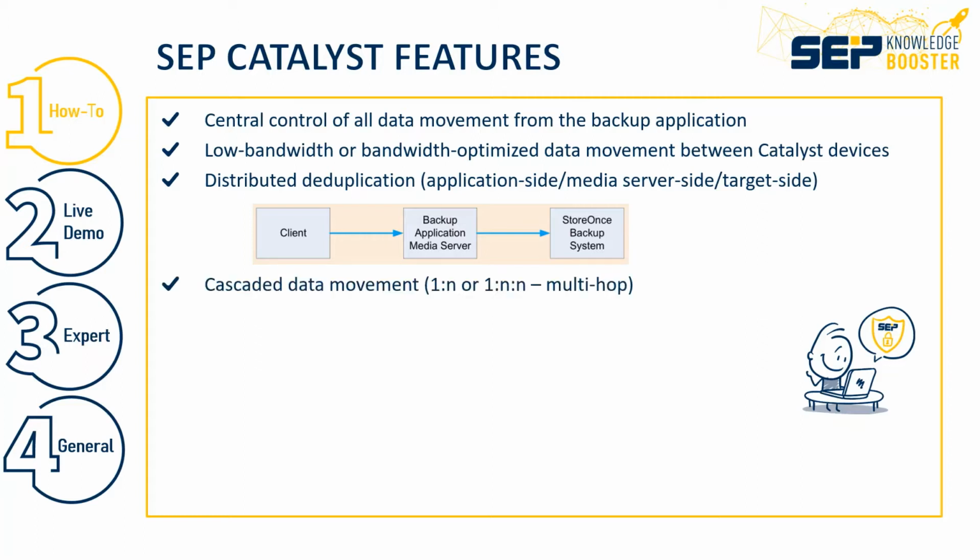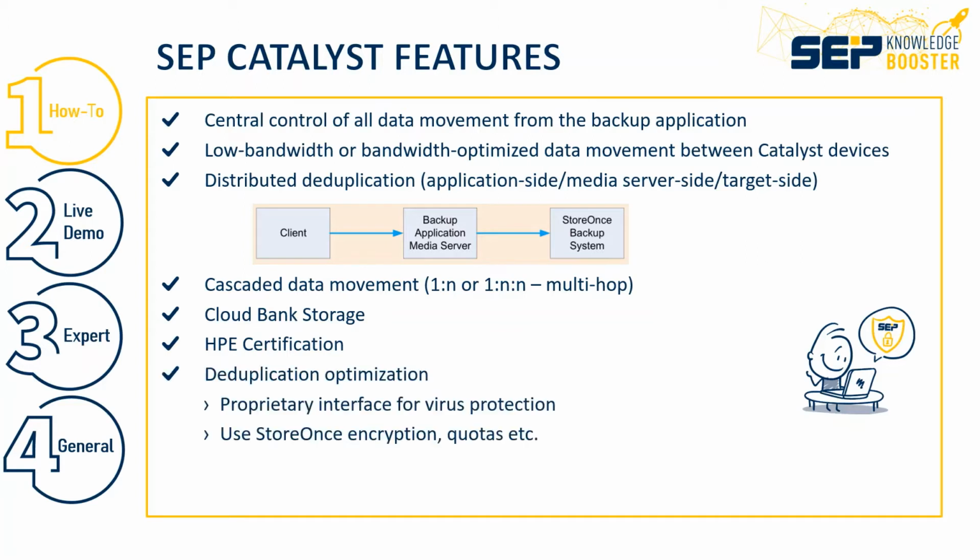You can set up a mesh of several StoreOnce appliances. That's possible. We can talk about Cloud Bank storage in the next slide. And we also have the HPE certification. We also will talk about this in a second. Then there are some deduplication optimizations possible.